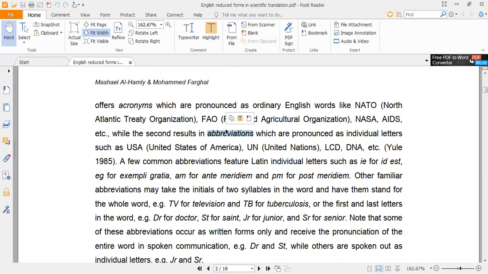Actually, abbreviations also take the initial letter of a word, but these letters are pronounced individually, not as a word.